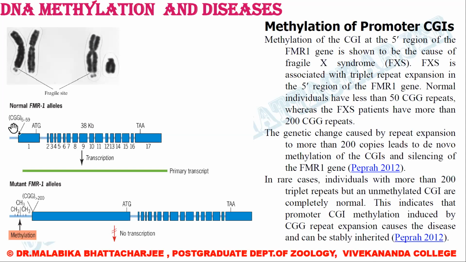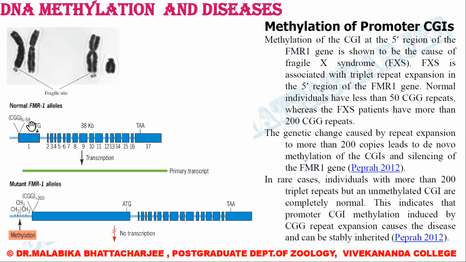So it's a three-sequence repeat, CGG, which has been repeated 6 to 59 times ahead of the gene which codes for the FMR1 product. Okay, so the gene is FMR1. So you can see that at the promoter region, there are 6 to 59 repeats of the trinucleotide CGG.